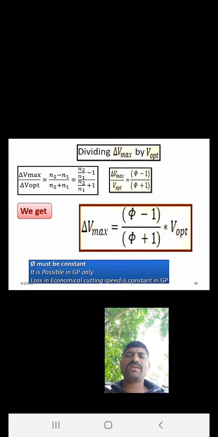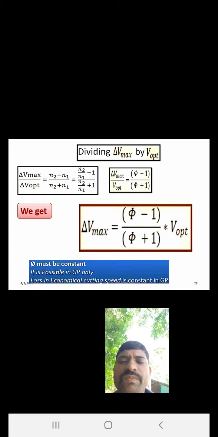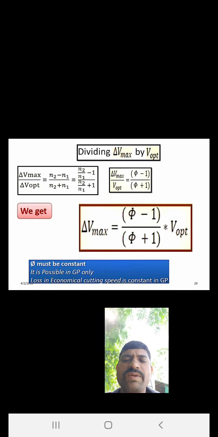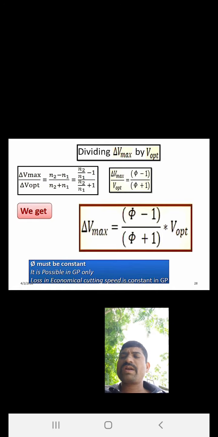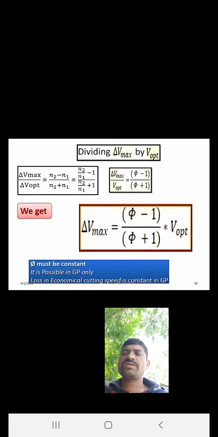We have seen that in the geometric progression, this phi must be constant. This possibility you will get only in the geometric progression law. The loss in economic cutting speed is constant in geometric progression law. That's why we choose this geometric progression law.